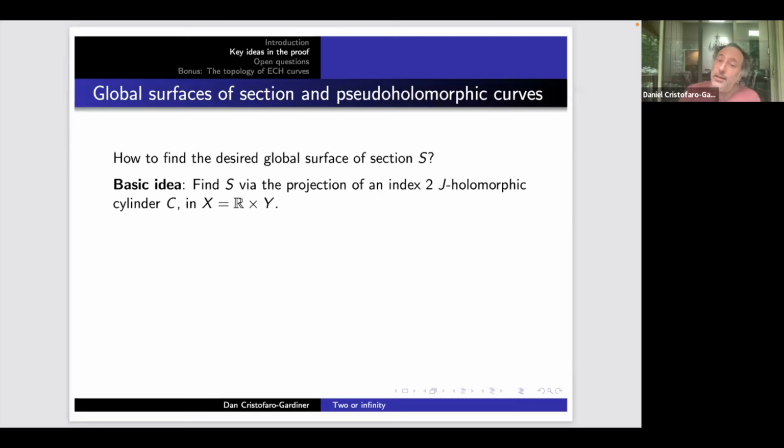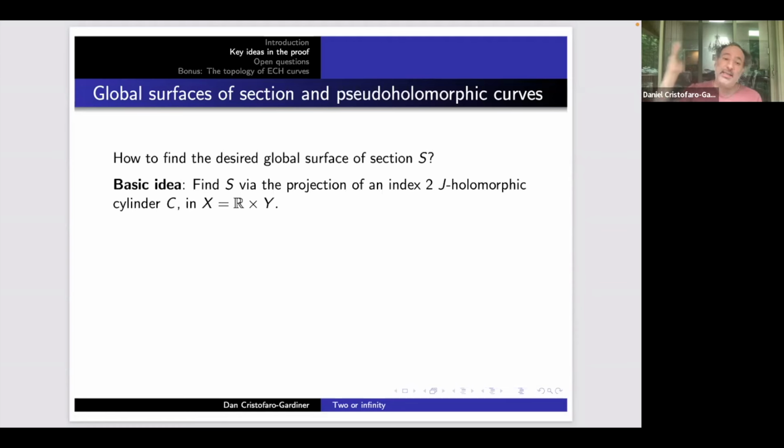A J-holomorphic curve just means du composed with little j is j composed with du. Index 2, maybe we'll get back to that in a minute. This projection, I just mean literally this manifold X just projects down to Y.